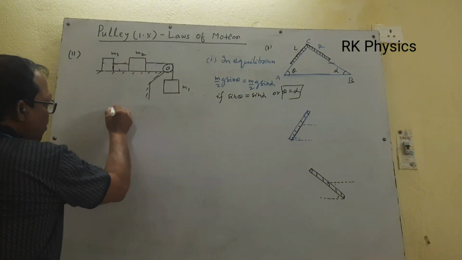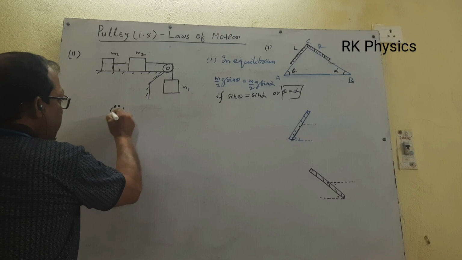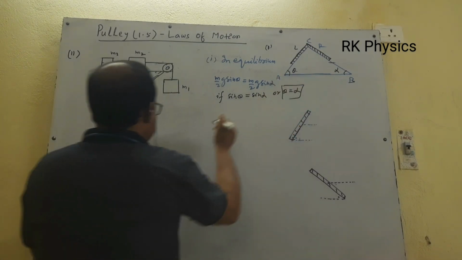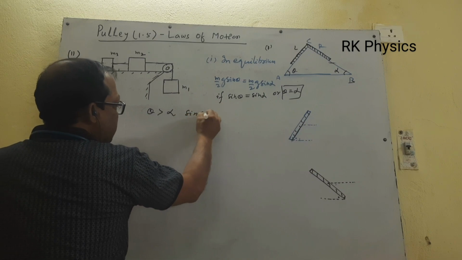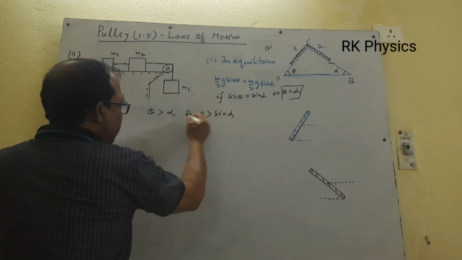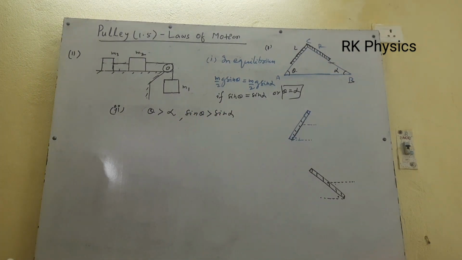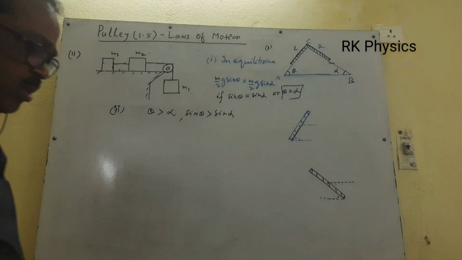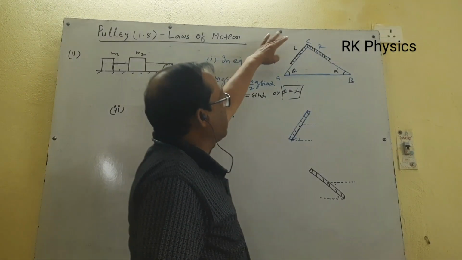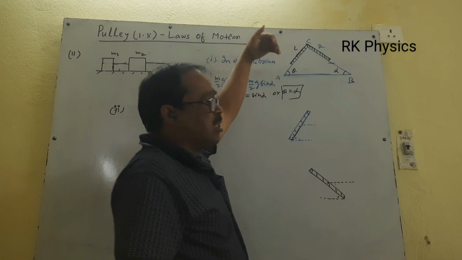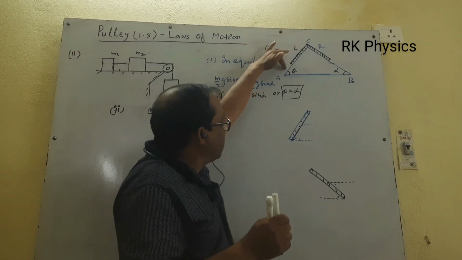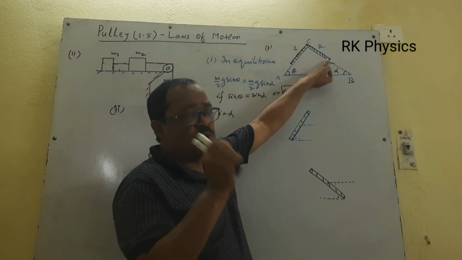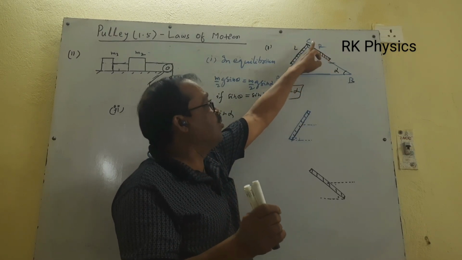Now come to this portion. If you imagine these two angles are not the same and theta is greater than alpha, then sin theta is greater than sin alpha. Therefore, when the chain starts slipping, this portion is heavier and comes down, and this portion is comparatively light and moves up.